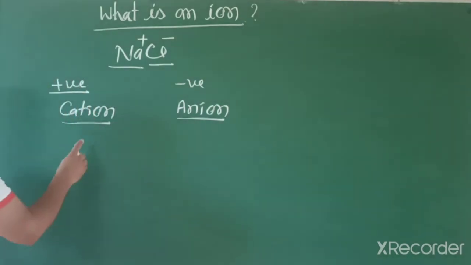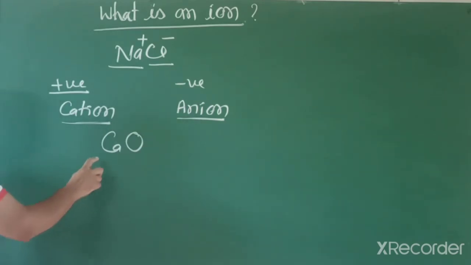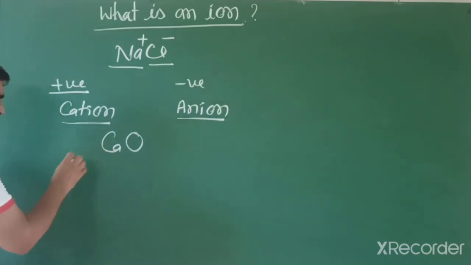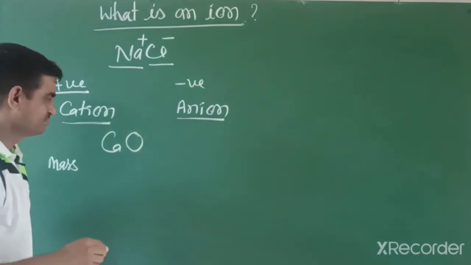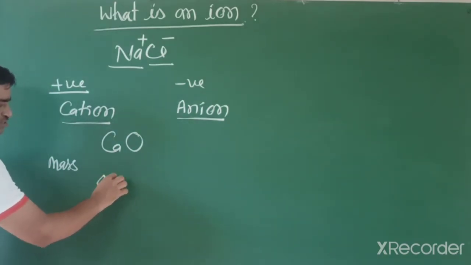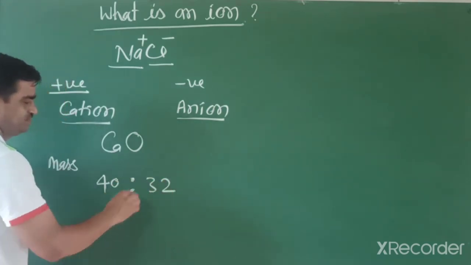Calcium oxide, students. In calcium oxide, two types of ion are present: one is calcium, the other is oxygen. Now we find the mass ratio of calcium and oxygen. Calcium mass is already given in that point. Calcium mass is 40 and oxygen mass is 16.